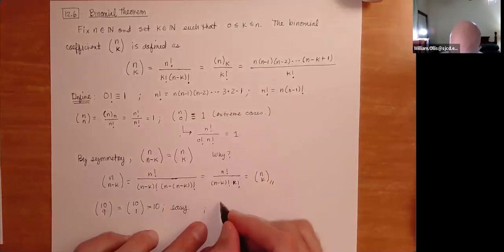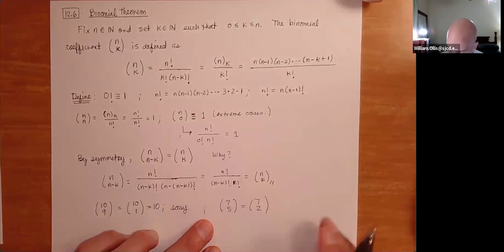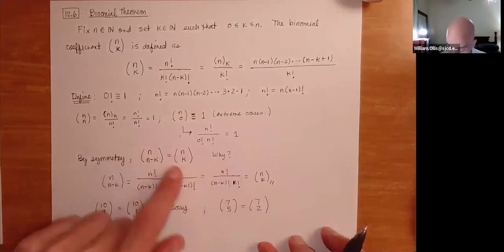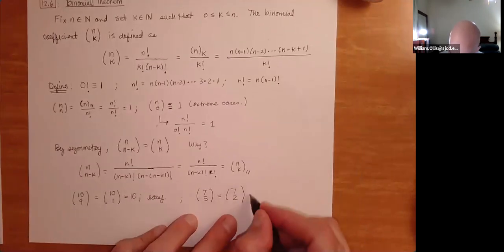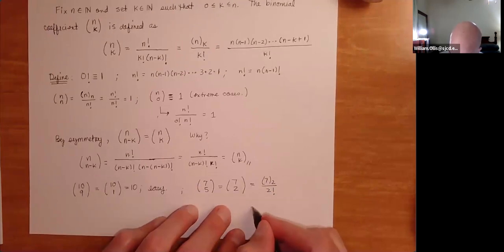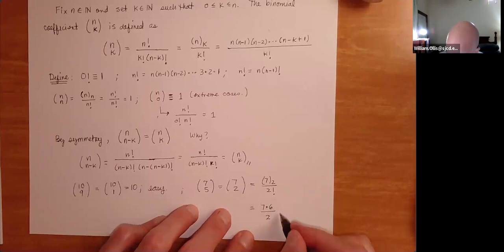Here's another example. 7 choose 5 equals 7 choose 2. Again, 7 minus 5 is 2. Using this identity here, we can easily compute this, which is much simpler. So now we can say this will be 7 perm 2 divided by 2 factorial. So this is 7 times 6 divided by 2 times 1, or just 2.